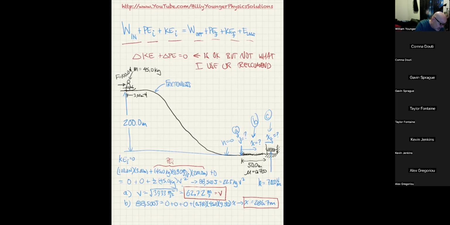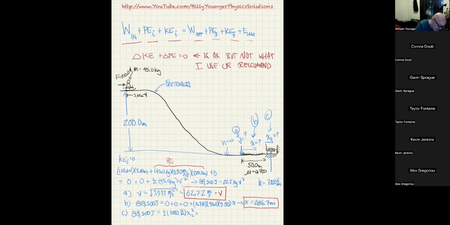This time I'm going to say, okay, I have C, which is where we're trying to figure out x2. The initial energy is 88,500 joules. I'm going to actually count it as work out. So I'm going to say 1/2 times 7,000 newtons per meter times x2 squared. That's the total energy that goes into it.